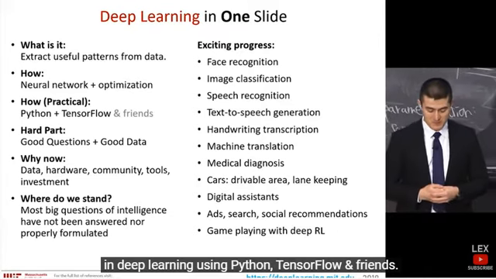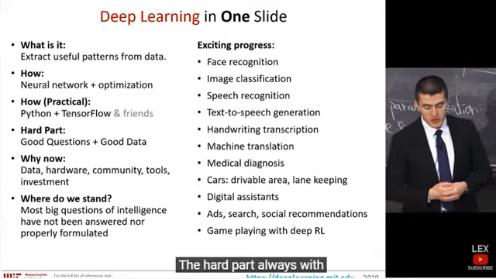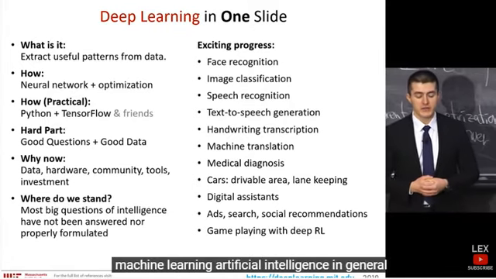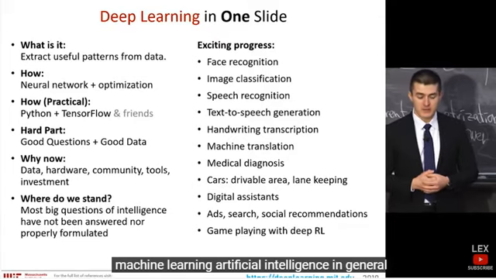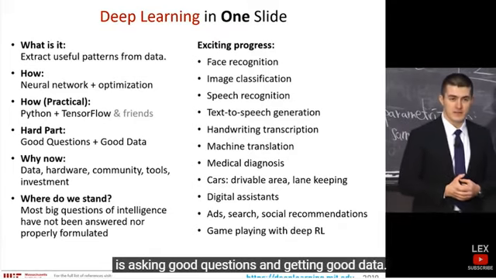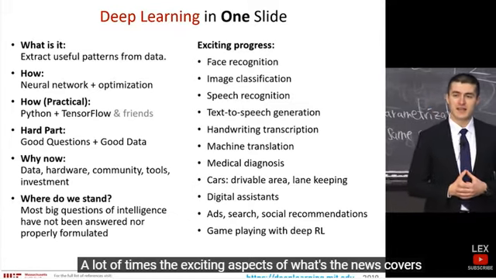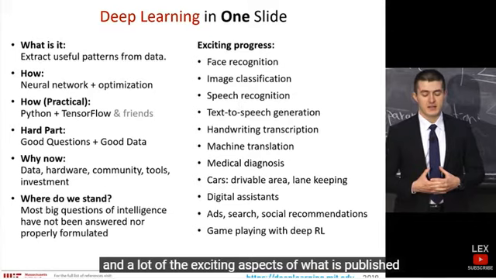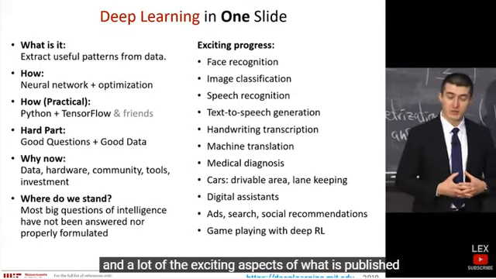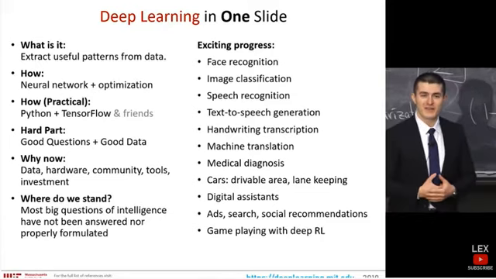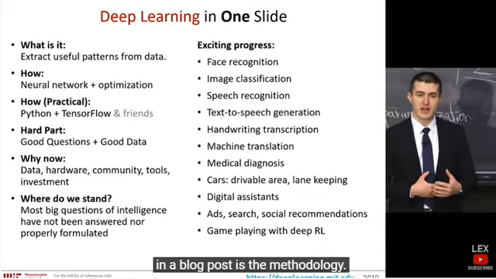TensorFlow, and friends. The hard part always with machine learning and artificial intelligence in general is asking good questions and getting good data. A lot of times the exciting aspects of what the news covers, and a lot of the exciting aspects of what is published in the prestigious conferences, on arXiv, and in blog posts, is the methodology.